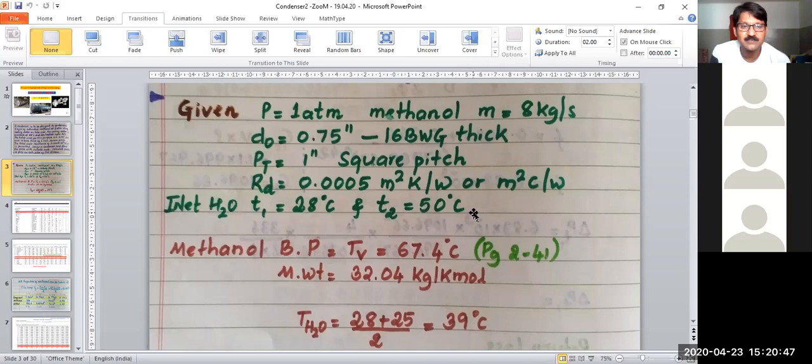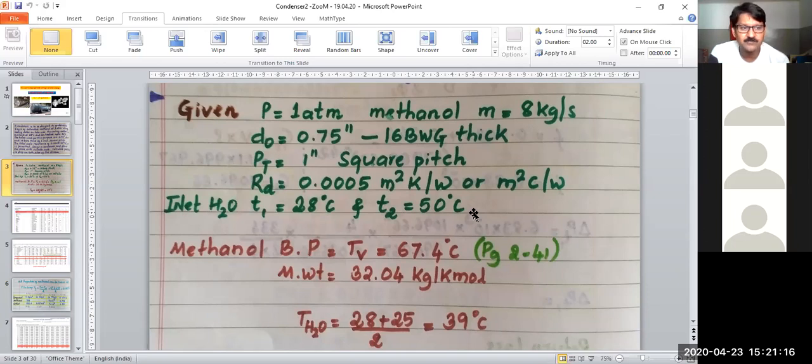So please write the given statement, and then you have to start with the solvent. Solvent is usually alcohol, or some other vapor. Based on that, you have to condense. So what are you going to condense? Methanol. Methanol at 1 atmosphere means it is at the normal boiling point of methanol.